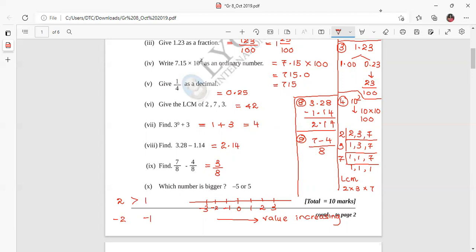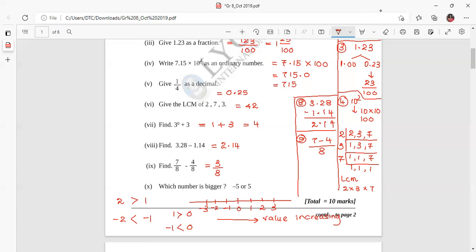Now, when you take -2 and -1, children, which will be closer to 0? -1. So this will be 0, right? When you take 1 and 0, 1 is bigger. -1 and 0, 0 is bigger. Hope it is clear, right?